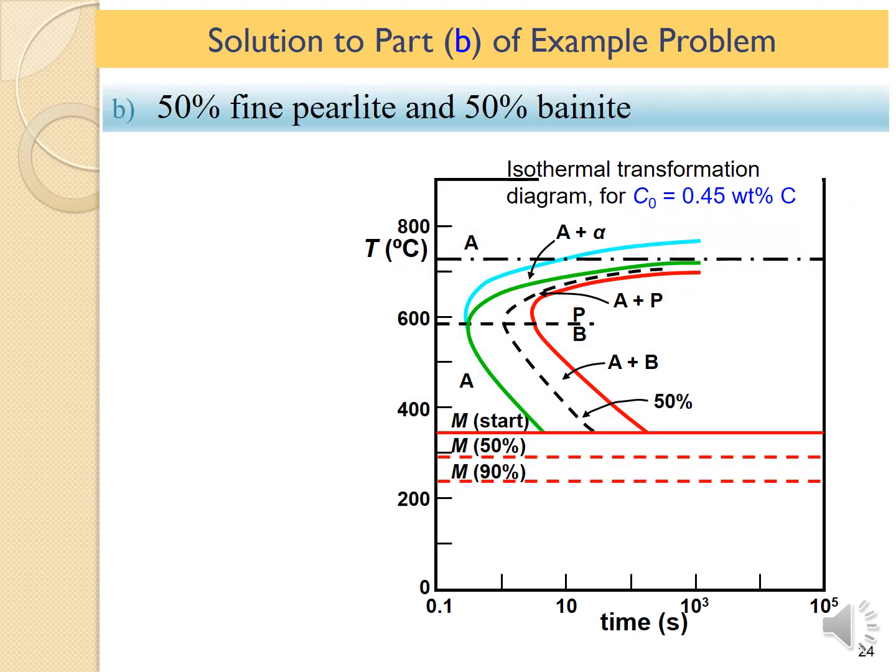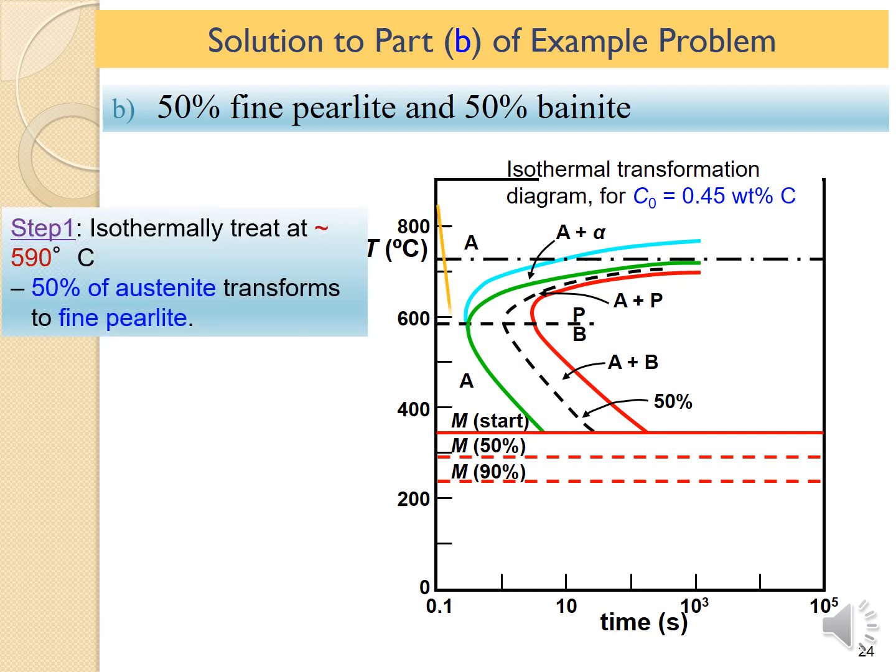Number B, 50% fine pearlite and 50% bainite. So we can design a two-stage heat treatment over here. Now, step 1, we're going to isothermally hold at about 590 degrees Celsius, this orange line, right over here, right above the boundary between the pearlite and the bainite.